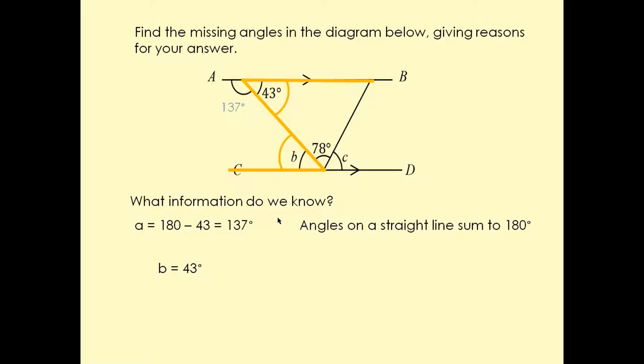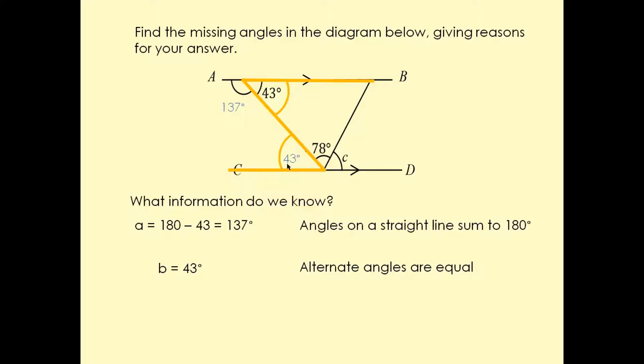And the reason for that is going to be alternate angles are equal. So Z angles, they're called alternate angles. So B is going to be 43 degrees. And the reason for that, this angle equals this angle, and the reason is alternate angles, they are equal.